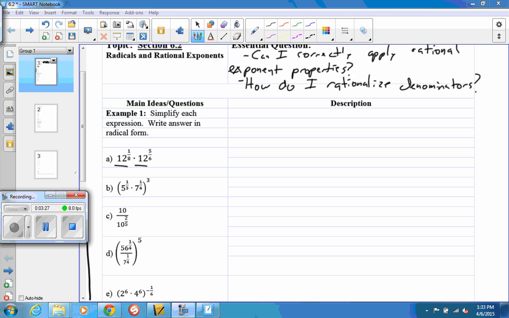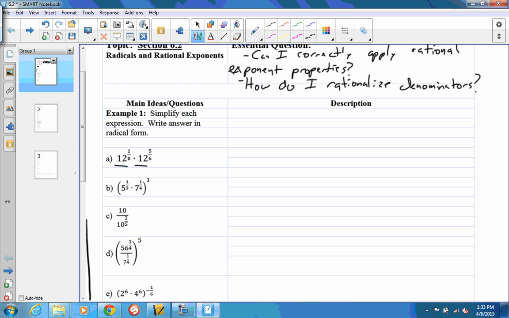If I have the same bases, guys, I don't have to do anything with those bases. All the math I do here stays with the base of 12. So as long as my bases are the same, all I need to work with are the exponents.